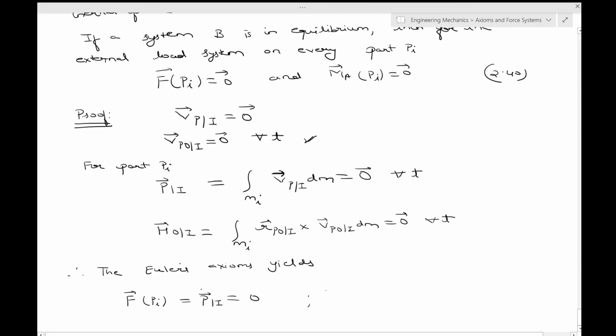So this will be MO for Pi is equal to H dot O in the I frame. This is equal to 0.